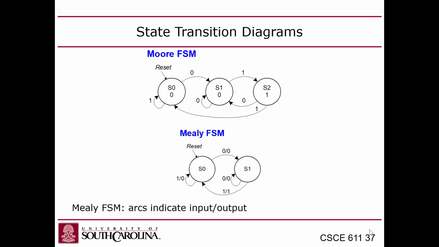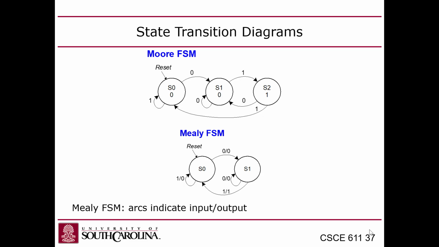So probably the easiest way to show that would be a sequence of values: 0, 0, 0, 1, 1, 1, 0, 1, 0, 0, 1. I start out in state S0 at the beginning.